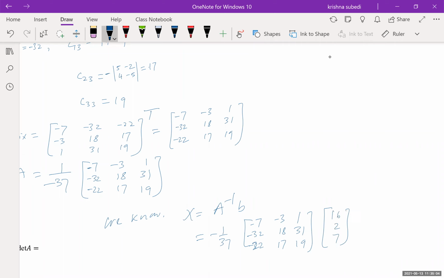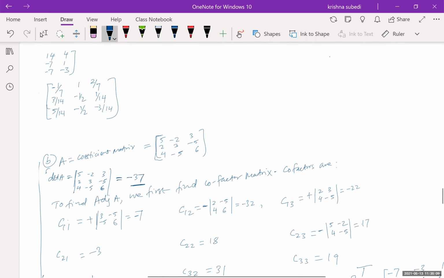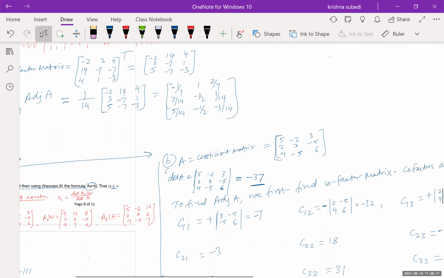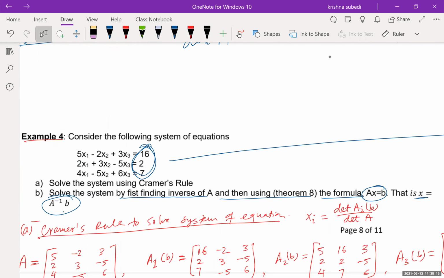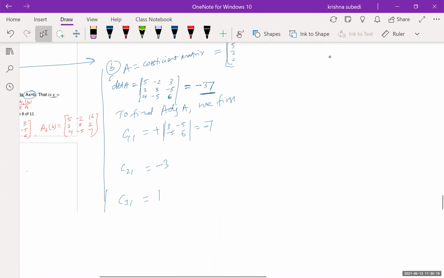Is that right? Let's check in the system of equations: 16, 2, and 7. Yes, that is the constant term, so I wrote that correctly.